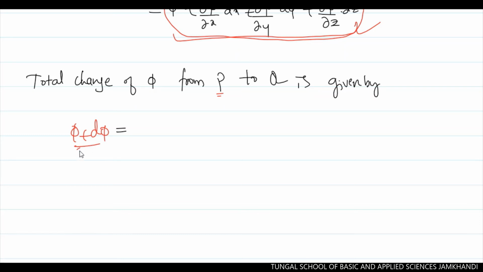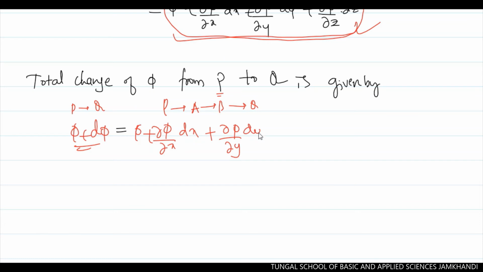This is directly from P to Q, and we also have the change of that function from P to A, A to B, B to Q. This is the total variation once again from P to Q, so I can equate these two. Phi plus d phi is equal to phi plus dou phi by dou x into dx plus dou phi by dou y into dy plus dou phi by dou z into dz.